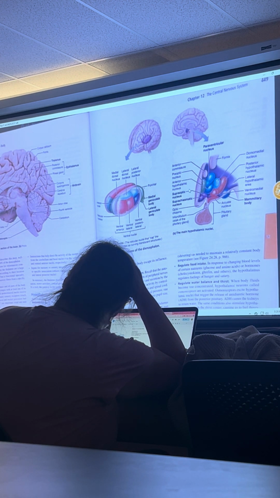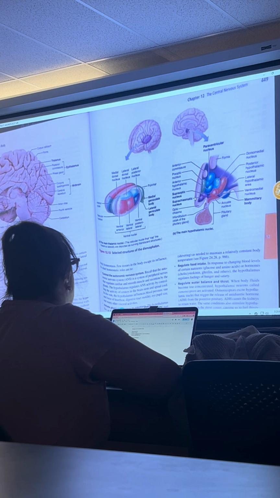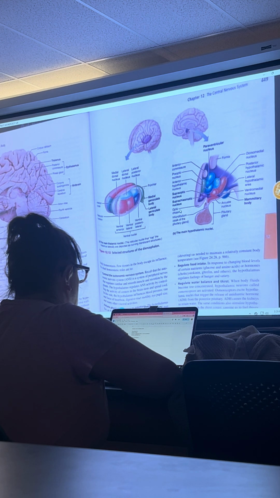Supraoptic nucleus means its position is above the optic chiasma. Optic chiasma is where the two optic nerves cross. One nerve from one eyeball, one nerve from the other eyeball, and they cross, and that's the optic chiasma. Any questions? Okay.